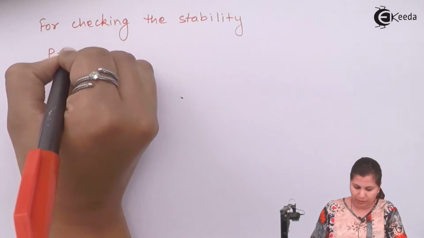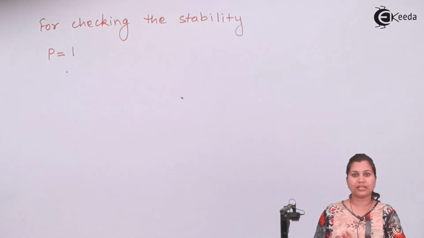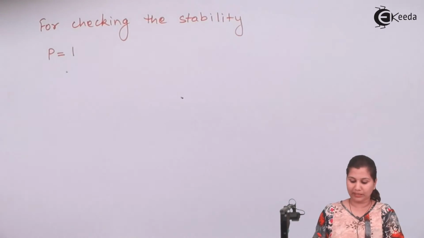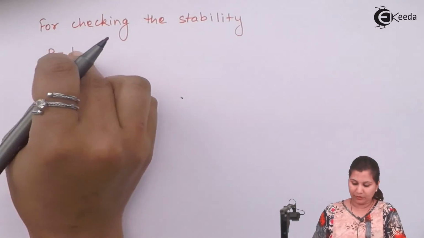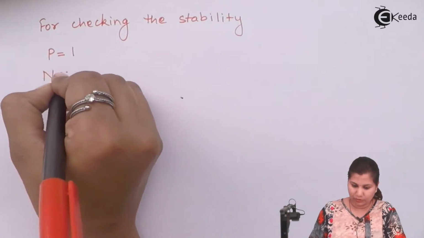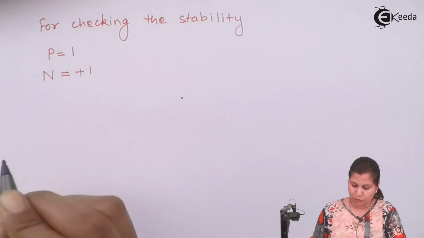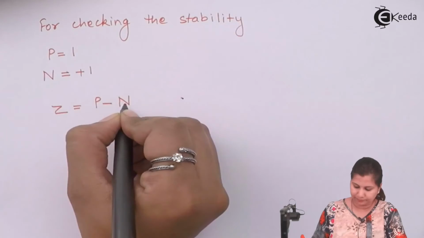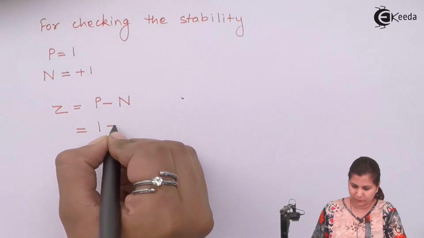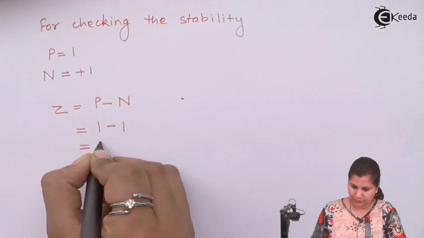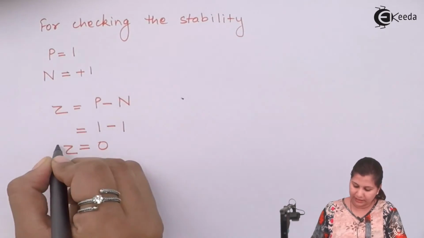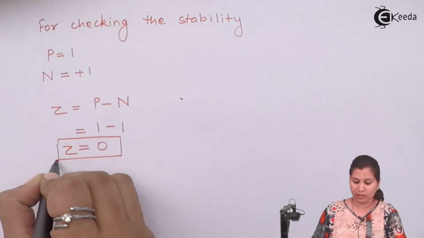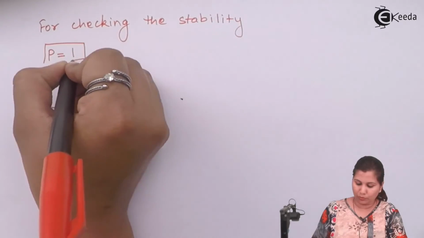P is equal to 1 because the number of poles lying on the right half of the S plane is 1. So P is equal to 1 and N is also equal to +1. So Z is equal to P minus N, that is 1 minus 1 is 0. So we can say that Z is equal to 0 but P is equal to 1.